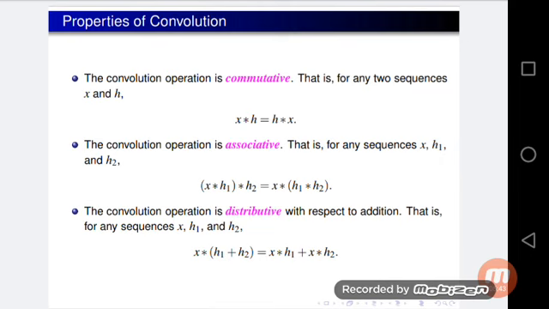Commutative means it will replace the equation: x into h or h into x.